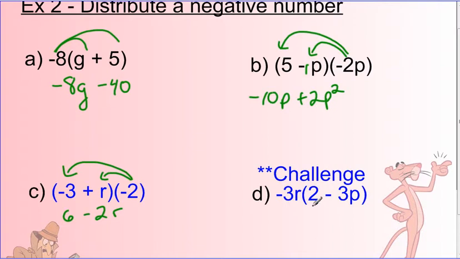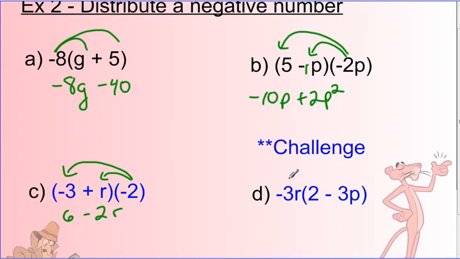Letter D. Now, let's see. Can I move this challenge over? Good. So I need to draw my rainbows. Negative 3r times positive 2. So negative 3 times positive 2 is a negative 6r. Okay. Negative 3 times negative 3, I'm just doing the number part first. Negative 3 times negative 3 is a positive, not 3, positive 9.